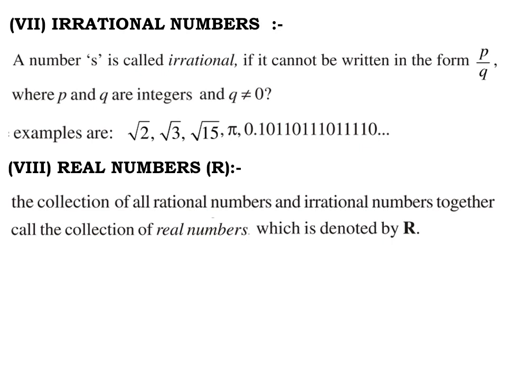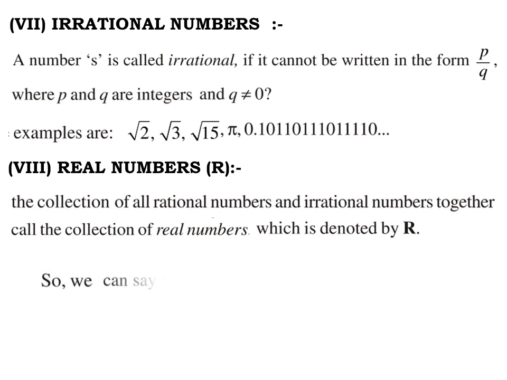So we can also say the collection of all natural, whole, rational, integer and irrational numbers together is called real numbers, which is denoted by capital R.